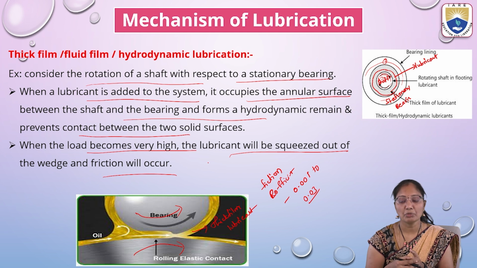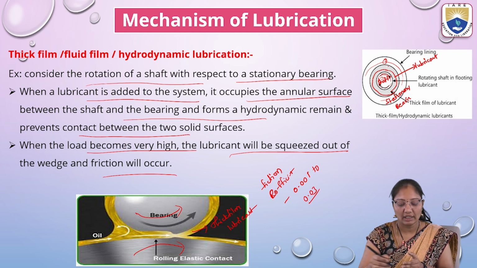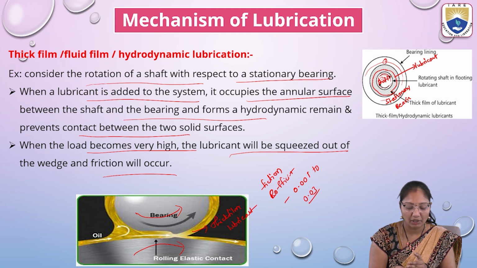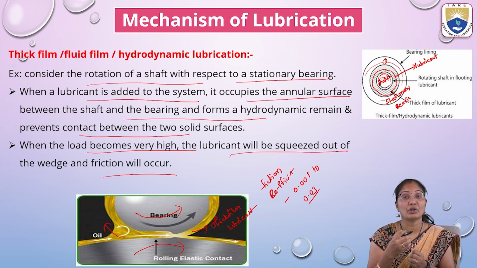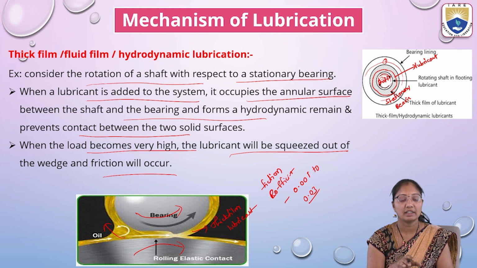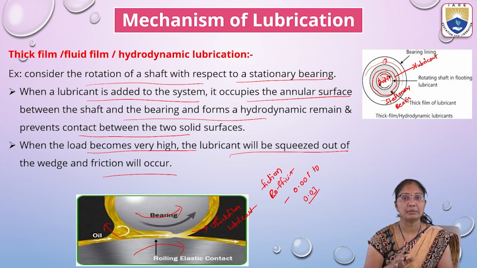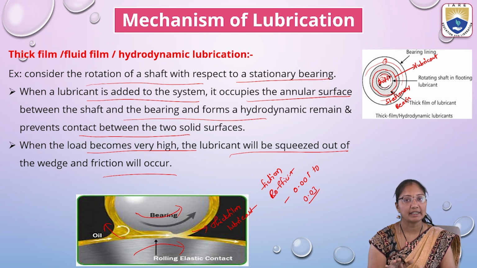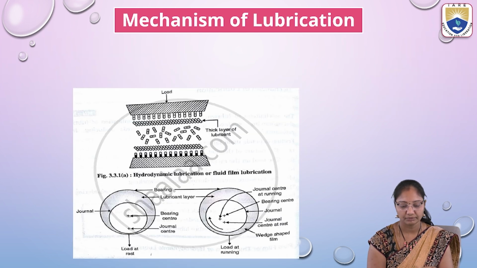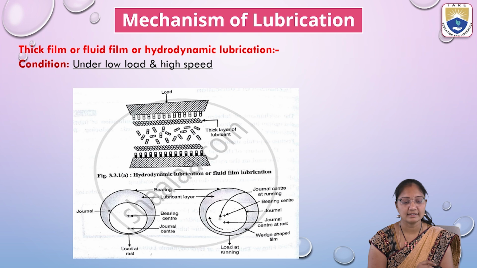If the load is more, it will come down and the lubricant will be squeezed out because of the heavy load, the heavy weight. So this thick film, fluid film, or hydrodynamic film has to be used at very low loads, under low load and high speed.